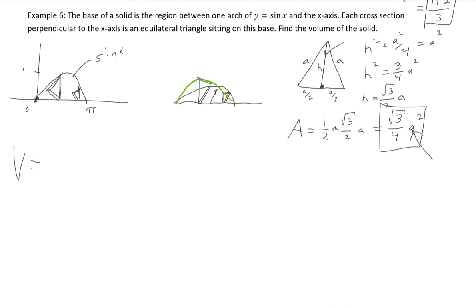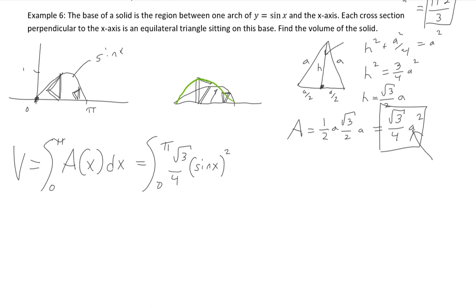I could say volume is equal to the integral from 0 to pi of the area formula, A of x dx, where in this case the area formula is root 3 over 4 times a, or the distance, which is sine of x, squared, dx.